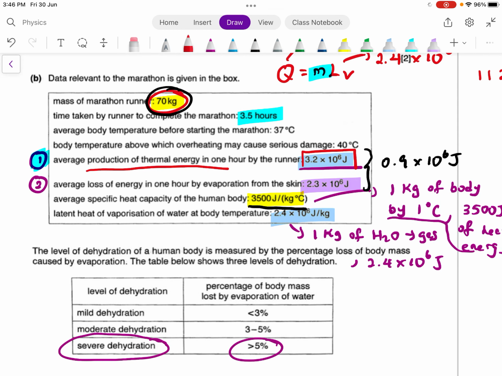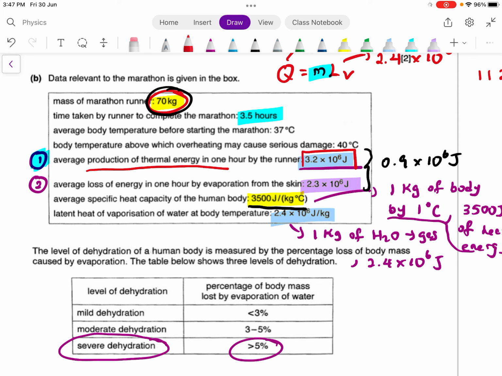Mass of the marathon runner is 70 kg, time is 3.5 hours. Then average production of thermal energy in 1 hour is about 3.2 times 10 to the power 6 joules. Number two, the average loss of energy in 1 hour by evaporation is 2.3 times 10 to the power 6 joules.